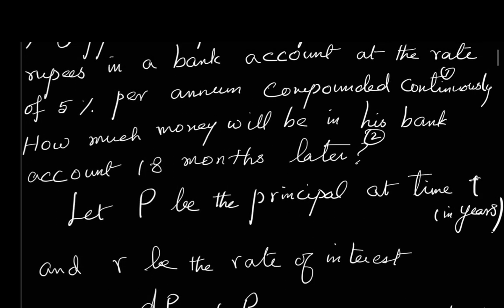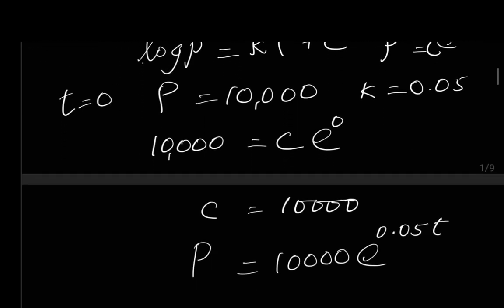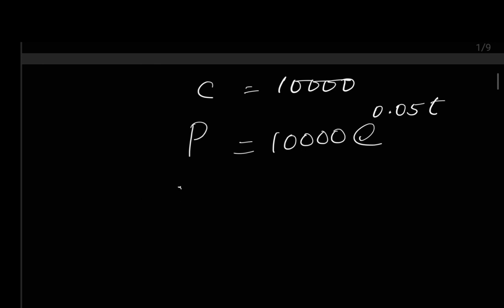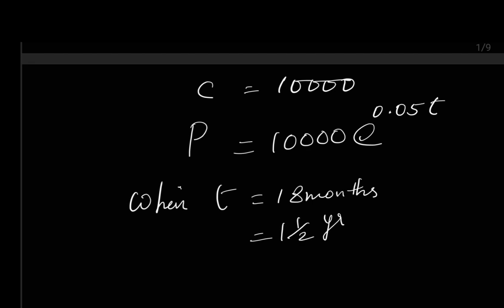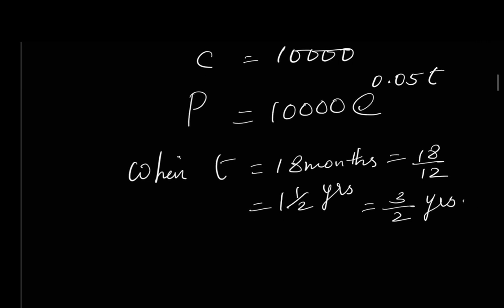Come to the second point. After 18 months, when t is equal to 18 months, you convert it into years: 18 by 12, that is 1.5 years, which is 3 by 2 years.